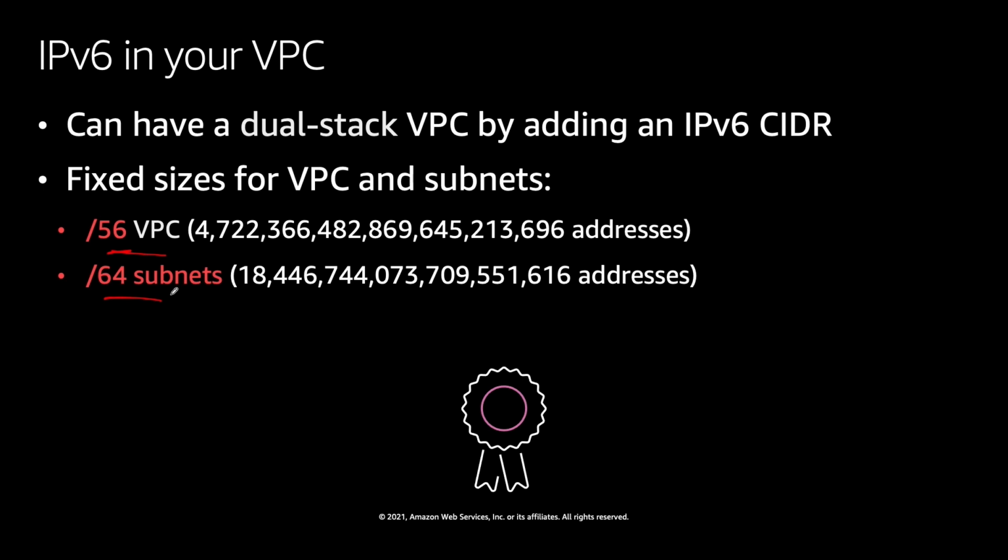Another important thing to keep in mind is that all of these IPs in IPv6 are publicly routable, right? It's not like IPv4 where you can have a private IP or a public IP; here all the IPv6 addresses are publicly routable. That means each is unique across the globe, so you need to keep that in mind.